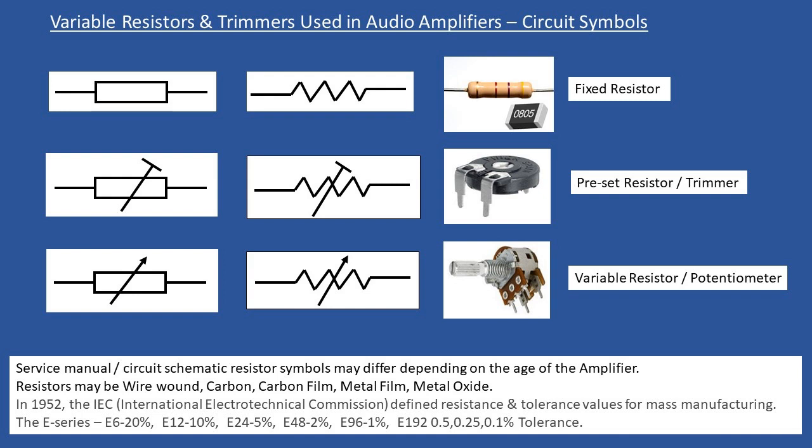The reason is that the accuracy and the tolerance of these resistors has improved dramatically in the last probably 20 years. So E24 was the most common. They have set resistance values, and in terms of tolerance, that would have a 5% tolerance.